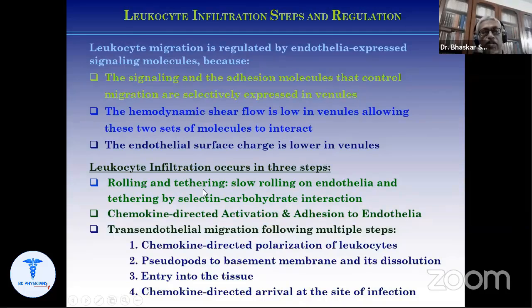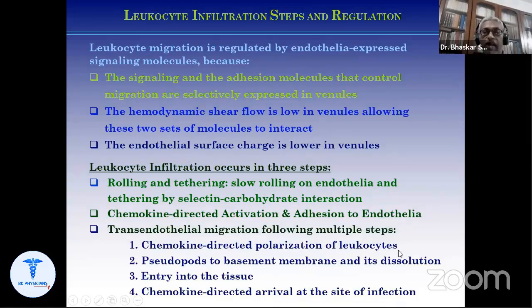The first step is rolling and tethering. So the slow rolling on endothelia and venules, and then it tethers by selectin carbohydrate interaction, then chemokine directed activation and adhesion to endothelia, and then transendothelial migration following multiple steps, chemokine directed polarization of the leukocytes.